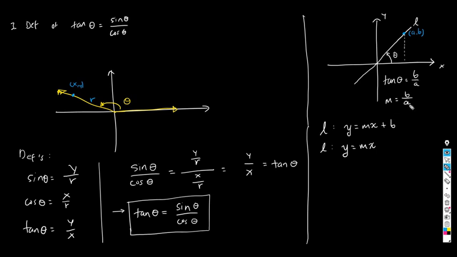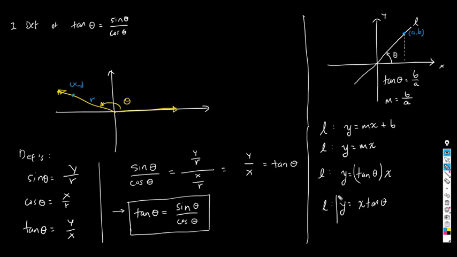These two things are the same, and so we can write this: y equals the slope, which is equal to tangent of theta. So basically, we can write: y equals tangent of theta times x, which is usually written the other way around, x times the tangent of theta.